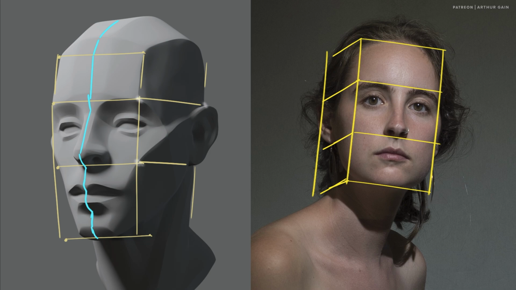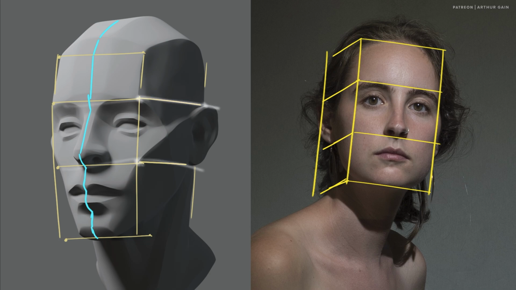Very often you will have a 3/4 view, and you will have one side of the head visible while the other side is not visible. And also you will have tilt, like in this case. So these lines are not parallel anymore.